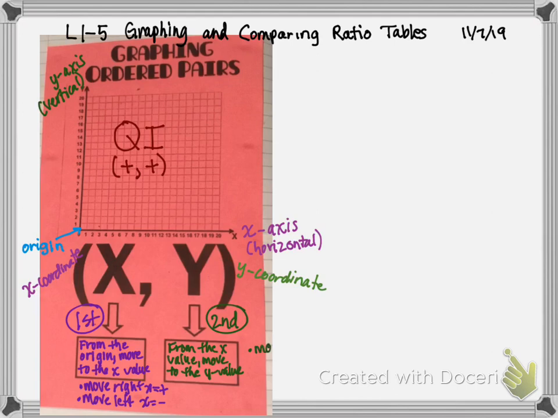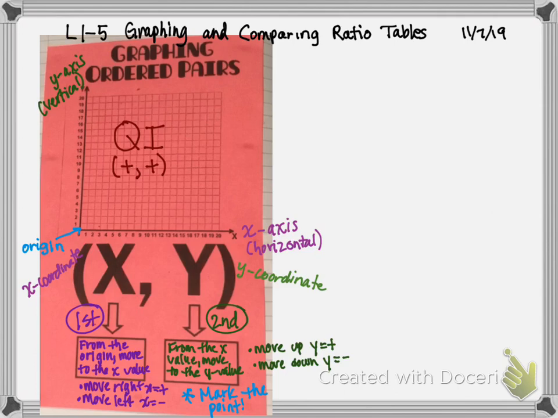So we can either move up if our y is positive, or we can move down from that x value if the y value is negative. Once you do all of that, the last thing you get to do is mark the point.